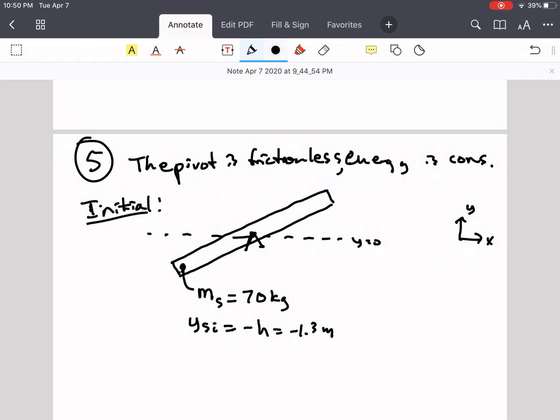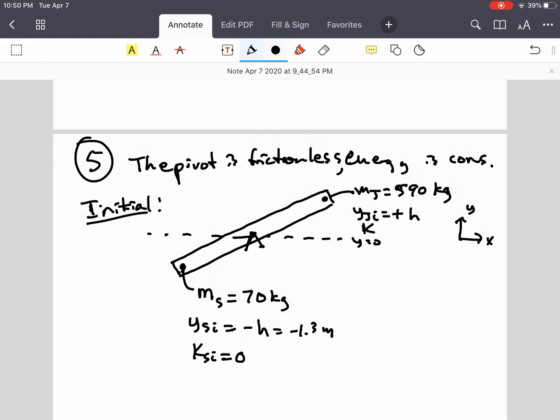And the student starts at rest, so the initial kinetic energy of the student is 0. And then we're going to talk about Juan, who's up here at the top. His mass, 590 kilograms, or about 1,200 pounds, something like that. His y value is positive h initially.